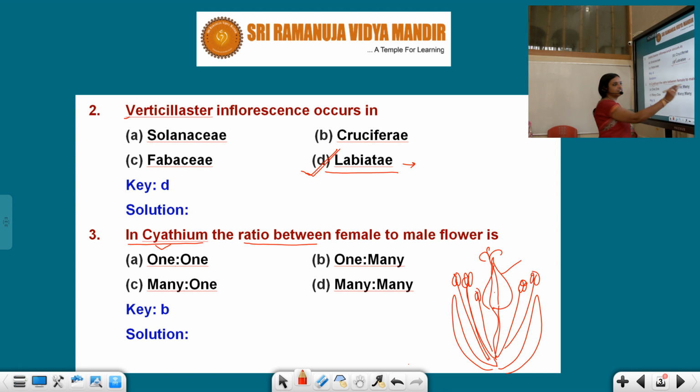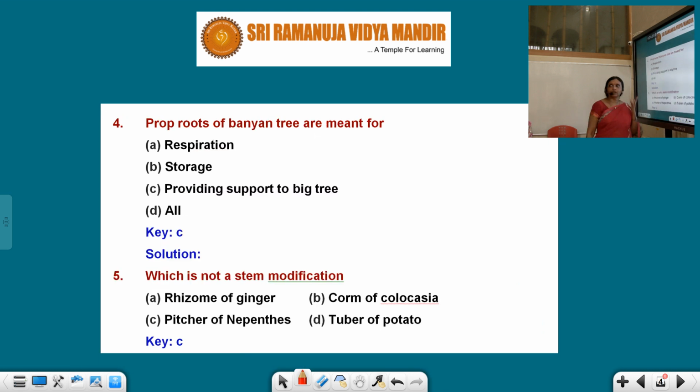Now let's see. Prop roots of banyan tree are meant for. This question is taken from root modification. We have seen in prop root modification that some adventitious roots arise from the branches of the tree, and they again reach the soil, and when they fix themselves in the soil, they help in providing support to the big tree.